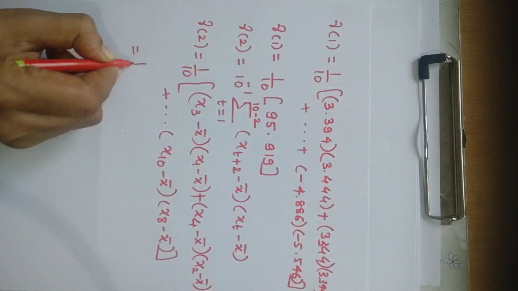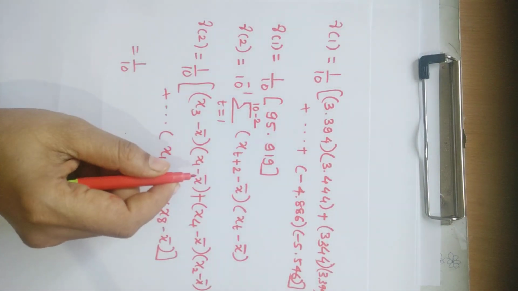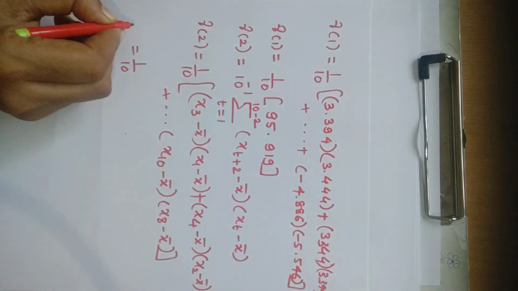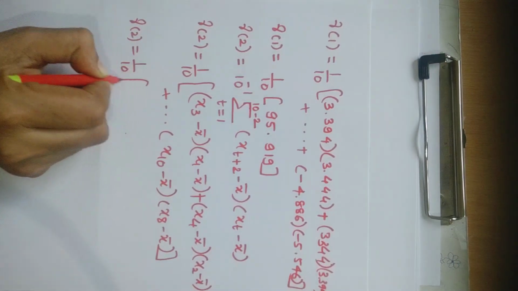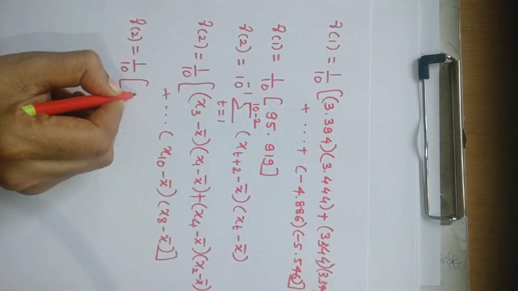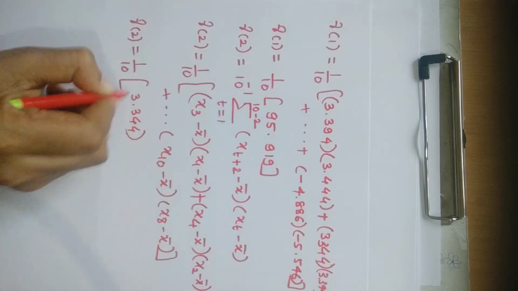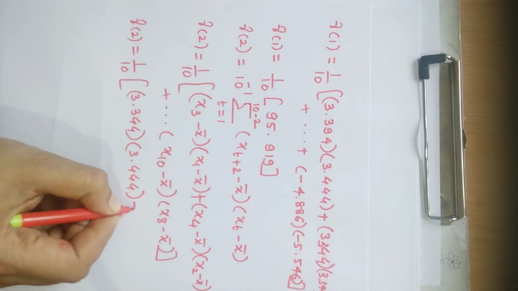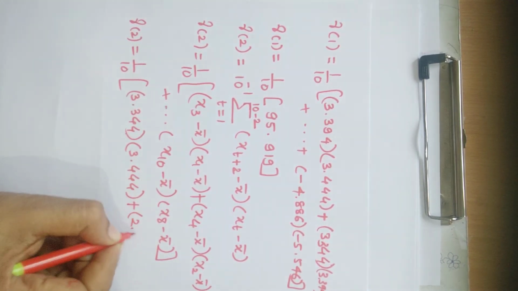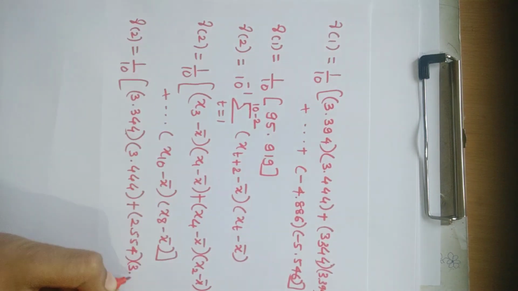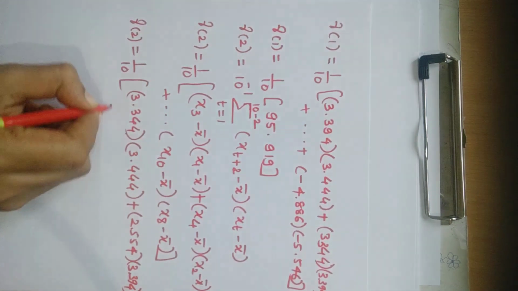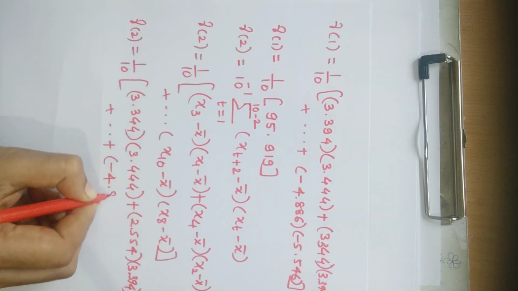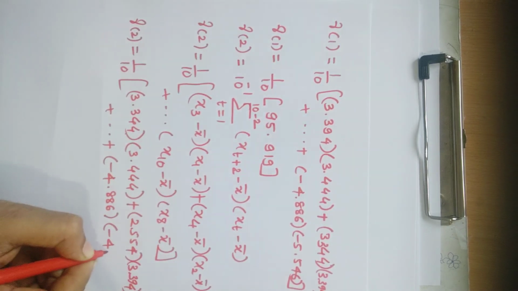So again substituting the values of x3 minus x bar, x1 minus x bar using the table which we calculated earlier, gamma 2 value: x3 minus x bar is 3.344 from the previous table and x1 minus x bar is 3.444, plus x4 minus x bar is 2.554 into 3.394, plus dot dot, x10 minus x bar is minus 4.886 into minus 4.286.